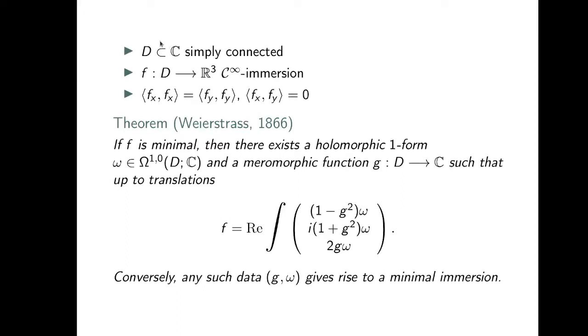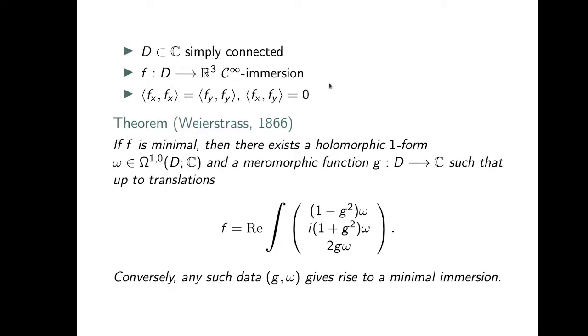Some notations first. In this video, we'll consider first D, a domain, simply connected in the complex plane. And we'll consider that our surfaces are actually given by maps F from the domain D to the Euclidean 3 space. And these maps are smooth immersions.